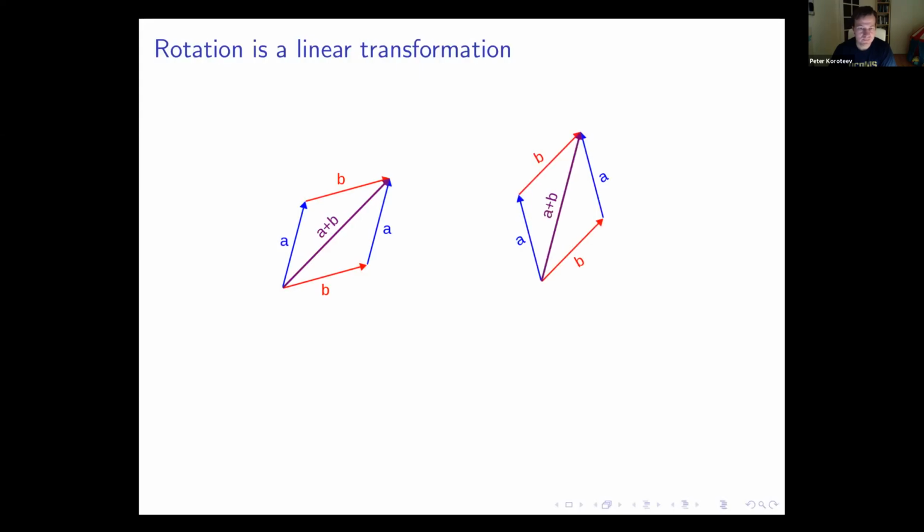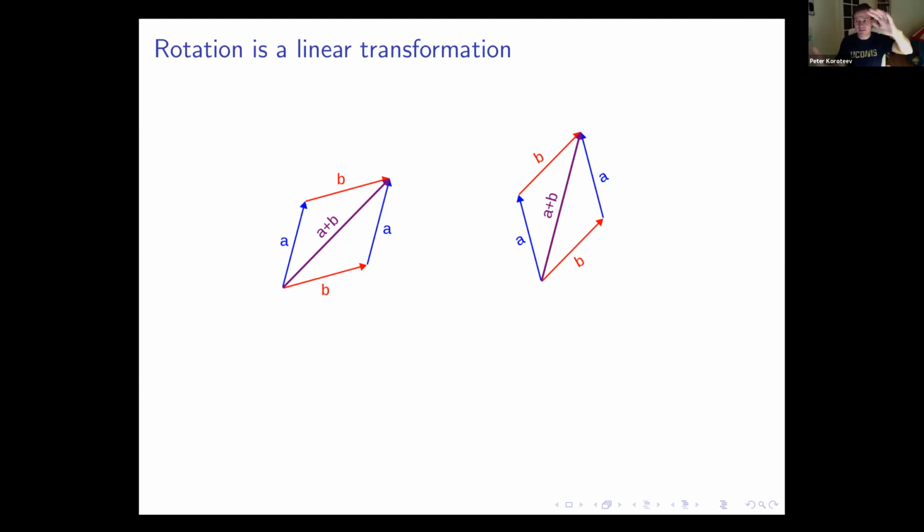rotation. So clearly, if you have vector A and vector B, you add them together, you have A plus B, and of course after you do the rotation, it would still be the case, right? Because what you're doing, you're taking this parallelogram and you're just rotating it by some angle. And so therefore, you don't change the distances between those points in any direction.